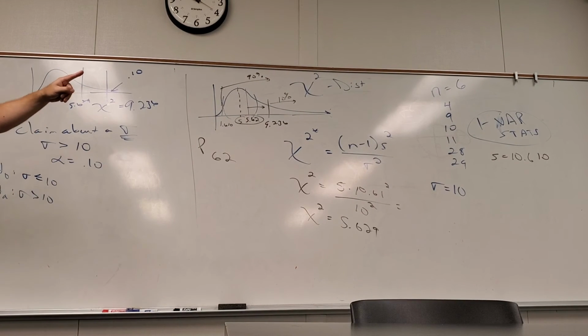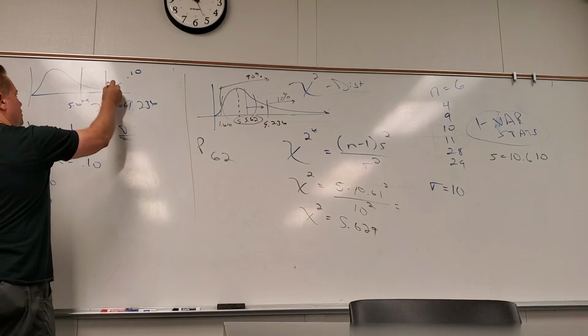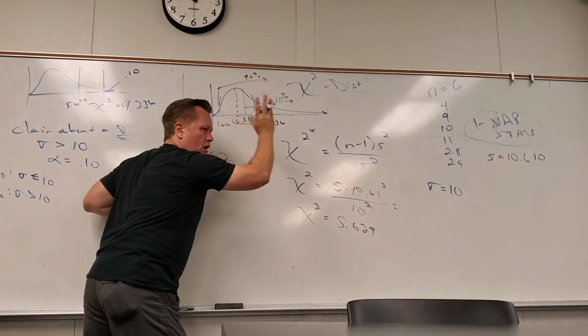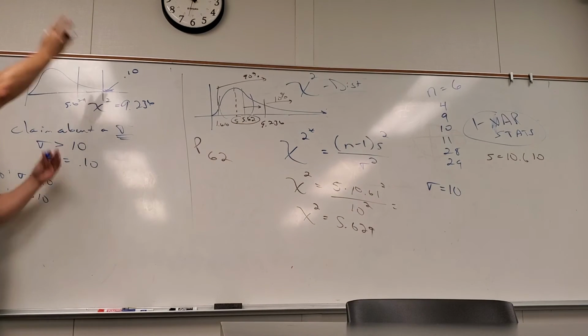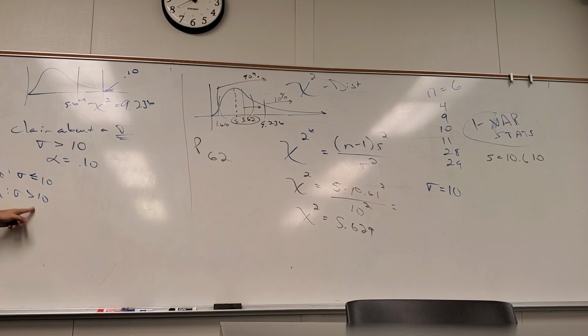And standard deviations follow a chi-square distribution. But I could do all the same. I could figure out where my rejection region is, look at the sample, calculate the chi-square star, see where it falls. I failed to reject. So we did not find evidence to support our claim that it's greater than 10. It wasn't bigger than 10 enough.